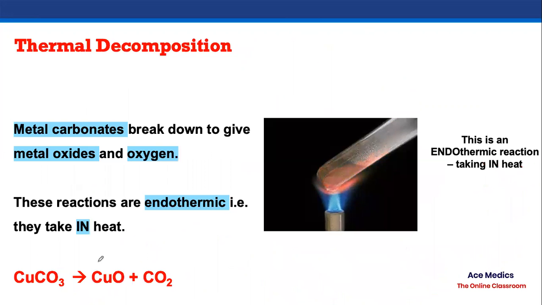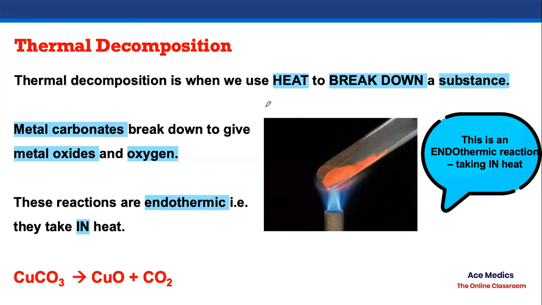Okay, next we're going to look at thermal decomposition. Thermal decomposition is when we use heat to break something down. Combustion, remember, was burning it with oxygen. If you break the word down, thermal means heat, and decomposition just means breaking down.